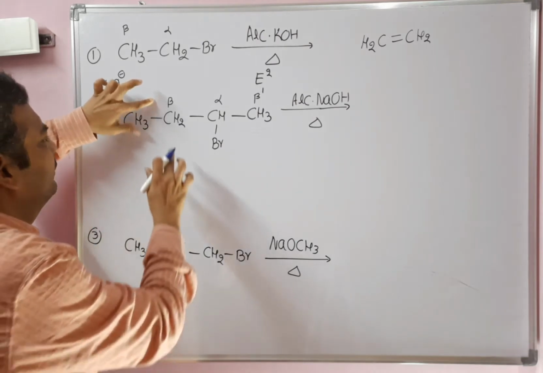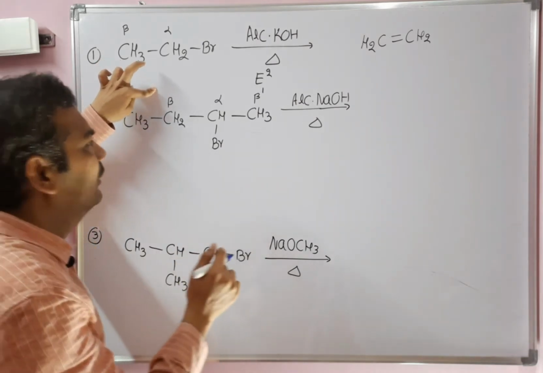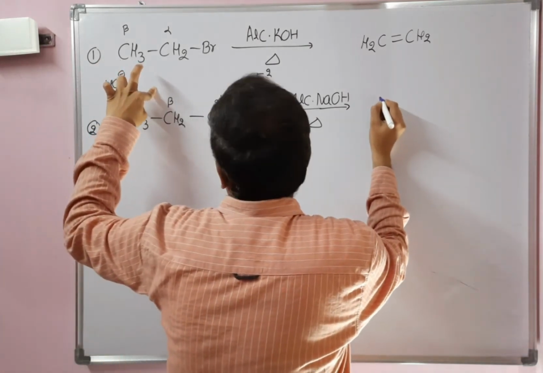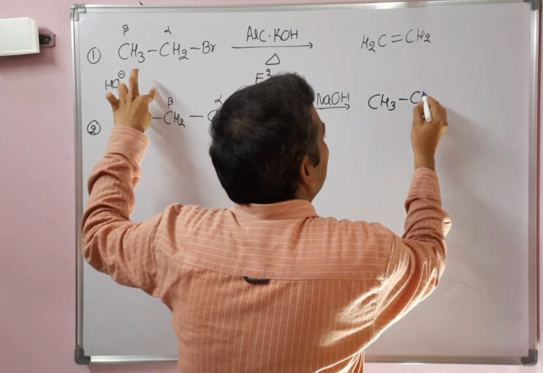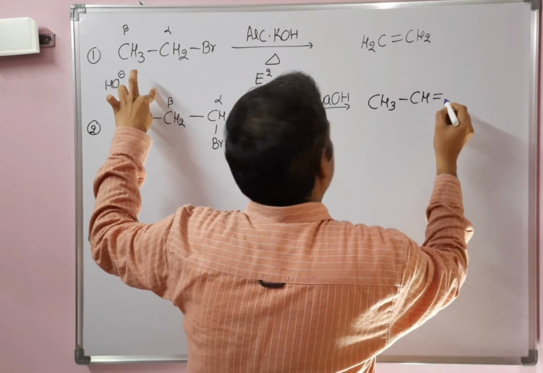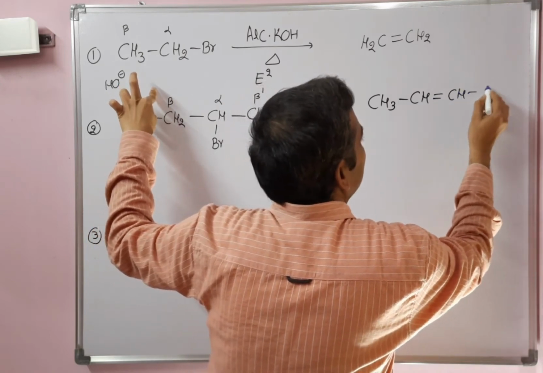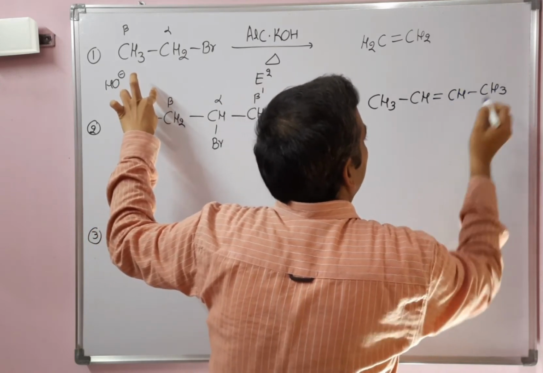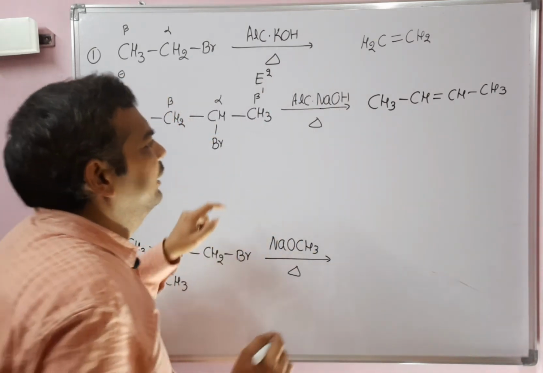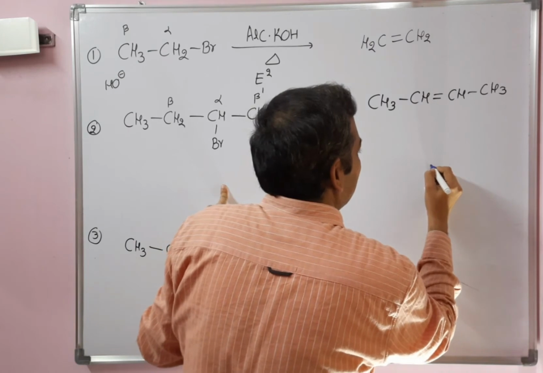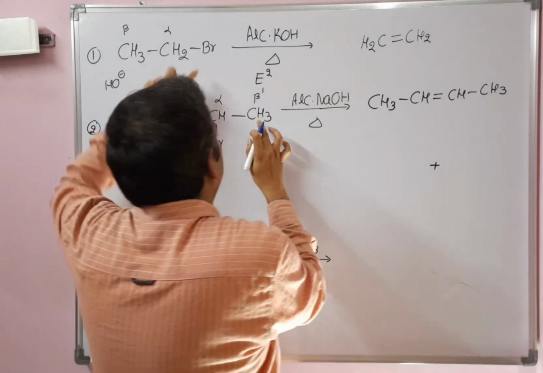Suppose the base abstracts a proton here at beta, then the product obtained is CH3-CH=CH-CH3.